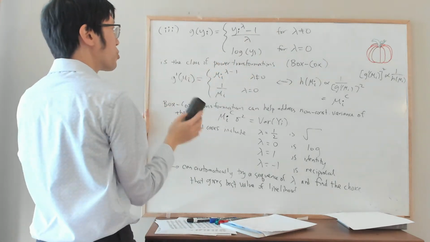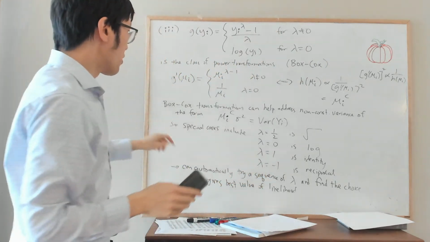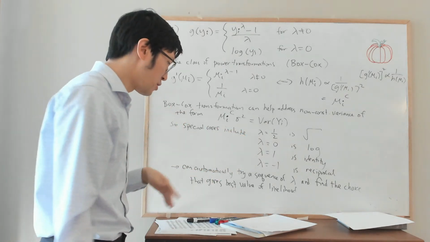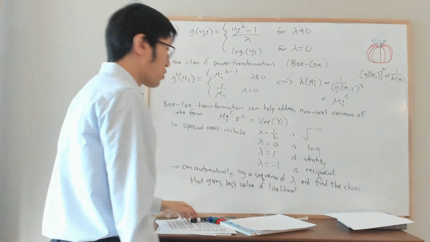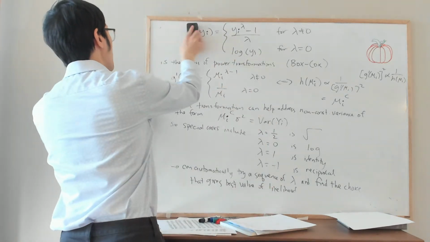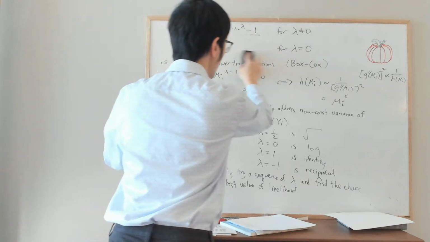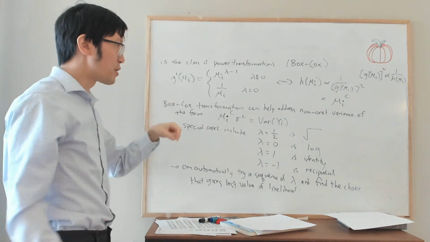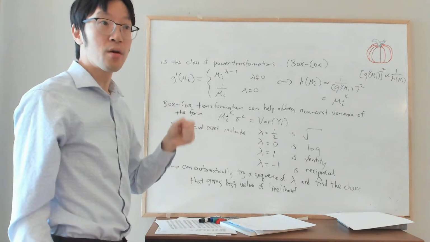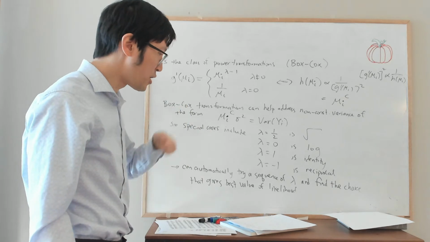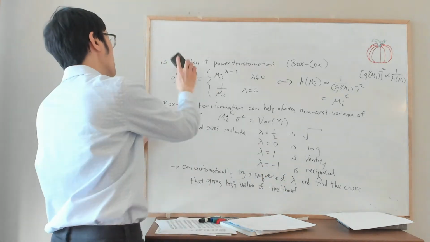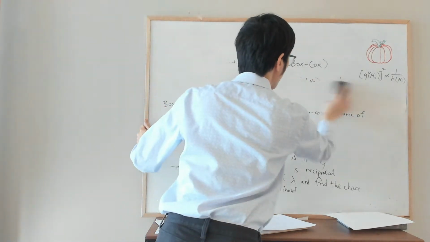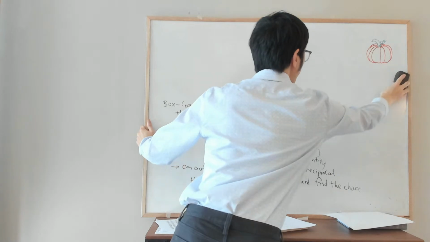Okay, I should point out though that after transforming the responses, that's also going to affect the interpretation of our parameters beta. When I rewrote the regression equation after transformation, notice that the beta now corresponds to change in g of y. So that's going to throw off some of our usual interpretations. So let's make that point before moving on.